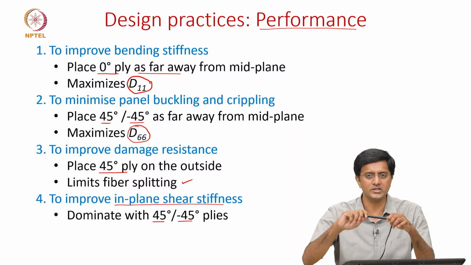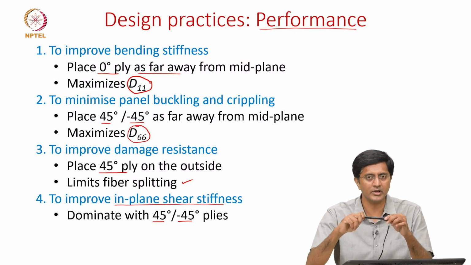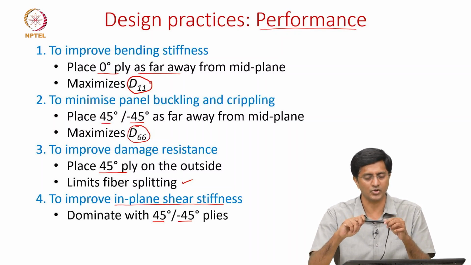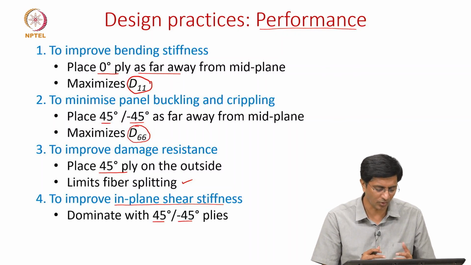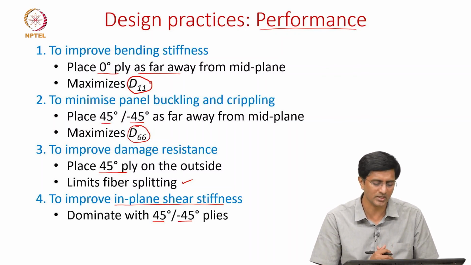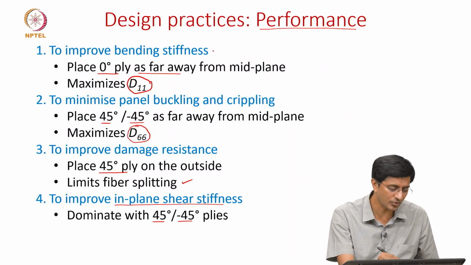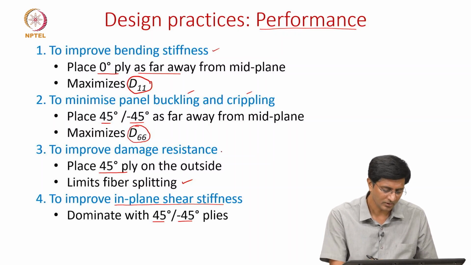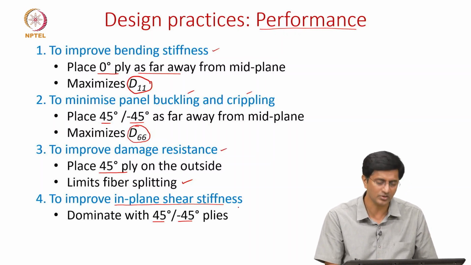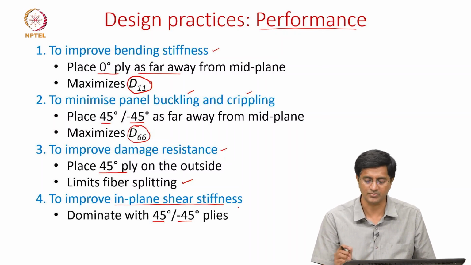The example again is like a driving shaft, or where we plan to apply torsion. It's always good to dominate it with as many plus or minus 45 plies. So these are a few design practices where we are focusing on performance. Either we are trying to improve the bending stiffness, or we are trying to avoid buckling and crippling, or we are looking at how to improve the damage resistance or the in-plane shear stiffness.